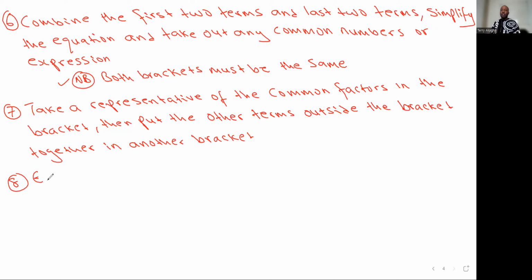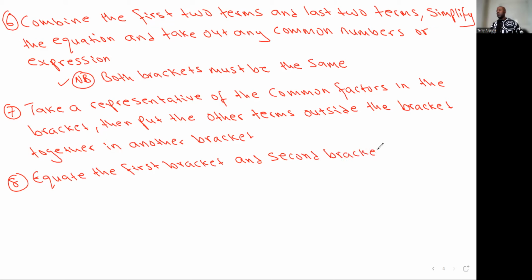So that means when you're done factorizing, you're now solving. You equate the first bracket, similar to when a is equal to 1, and the second bracket separately to be equal to 0.